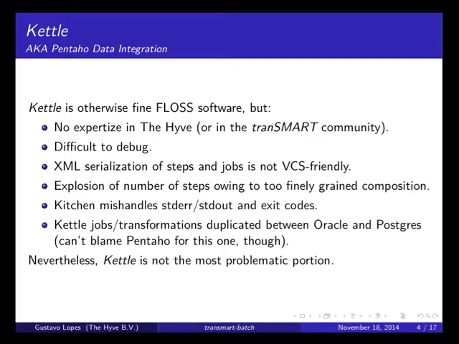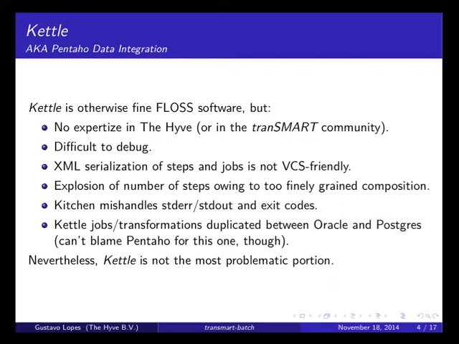Finally, Kitchen, which is the command line interface to run Kettle jobs, always exits with 0, which is not very good for running batch jobs or unattended scripts.